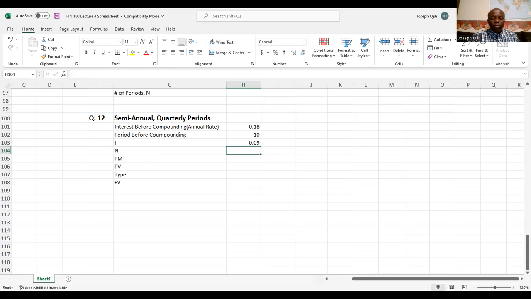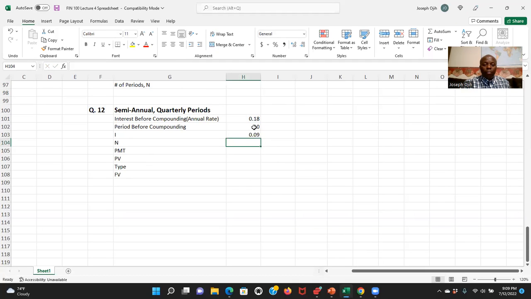Number of periods: since it is compounded semi-annually, it is for 10 years, but because it is compounded twice a year, you must multiply 10 by 2. In Excel, the asterisk symbol is the times sign. So 10 times 2 gives 20 compoundments. Payment, there's no payment.